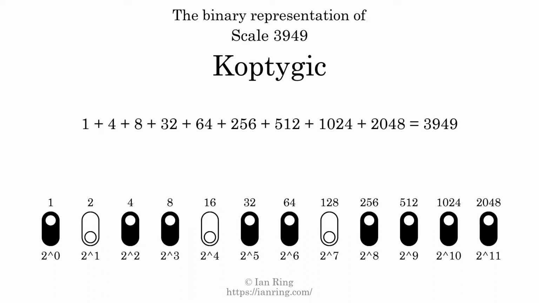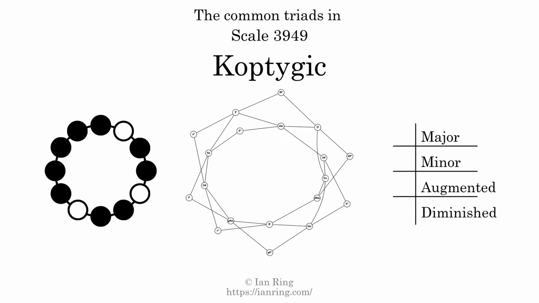That is why the scale number, in decimal, is 3949. The scale number not only enumerates the scale with a unique index, but it also literally describes the tonal content of the scale. Represented as a binary number in base 2, the scale number is 111011011101.